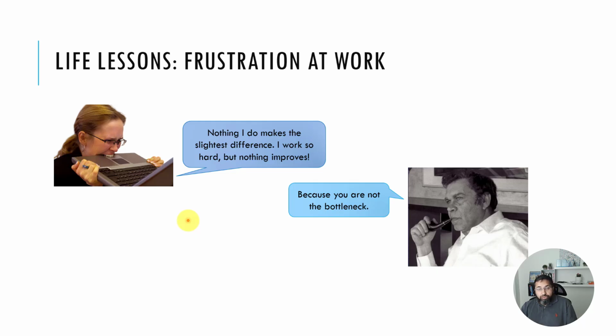This is one of the main insights of theory of constraints, that going around the whole company and telling everybody to work faster and just produce more is not a great idea. You're just going to build WIP.